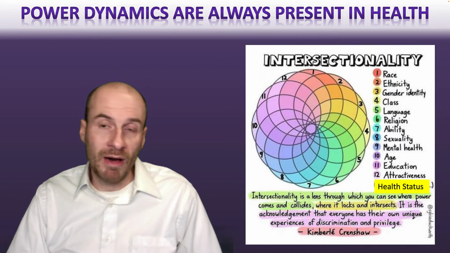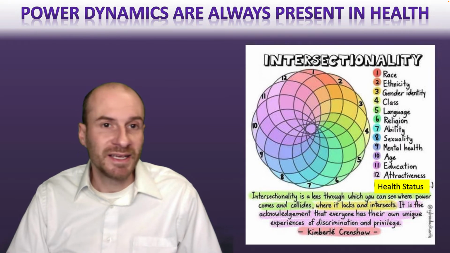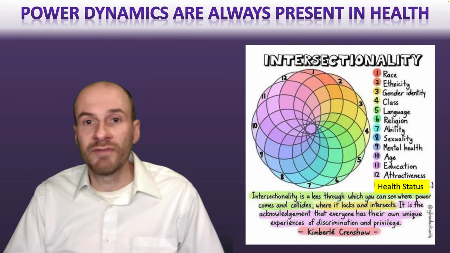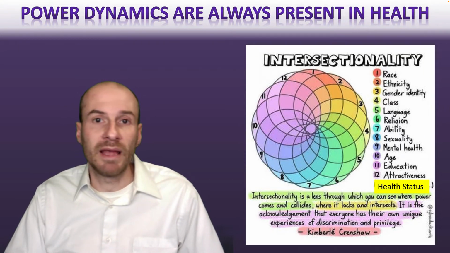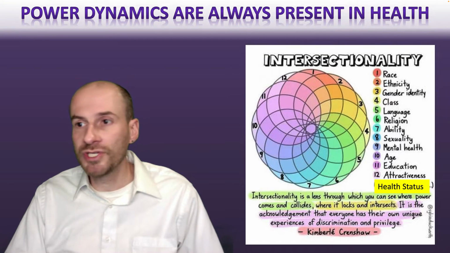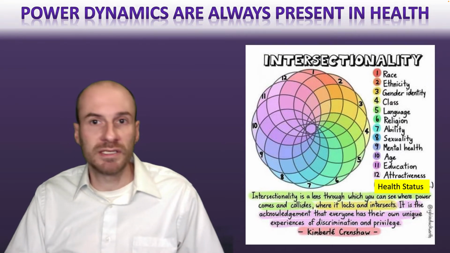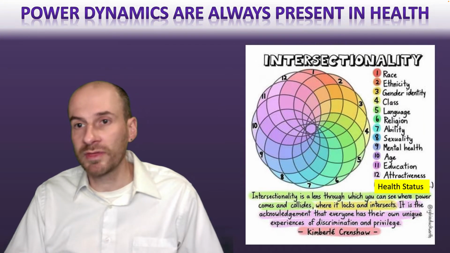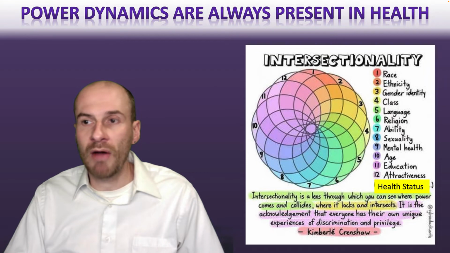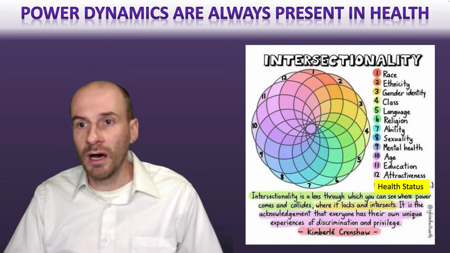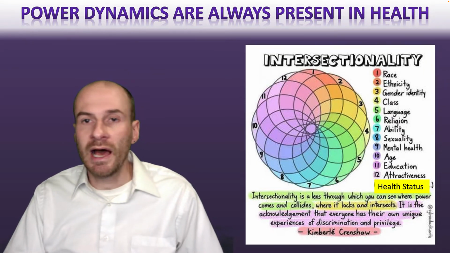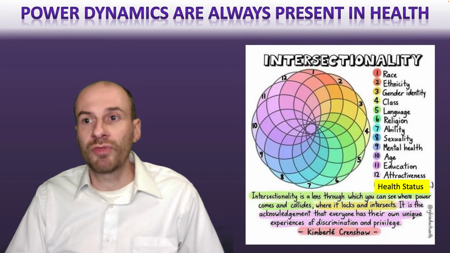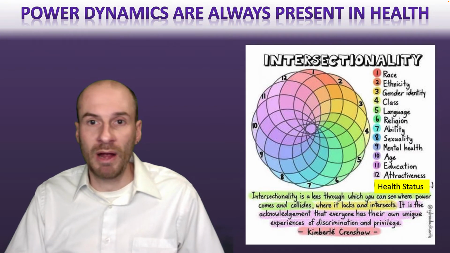But what I will say about health research is you can be guaranteed that, if you're talking about health, you're also talking about power dynamics, because health in and of itself represents a power dynamic, right? People who have health issues have a particular place in society where there are different types of stigmas that are associated with health conditions. There's power dynamics that exist in patient provider relationships. Health status itself is an indicator of power. So when we're studying health, we're in some ways studying power and power dynamics as well.